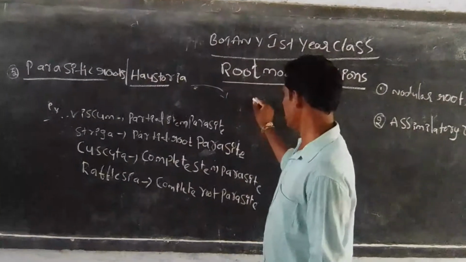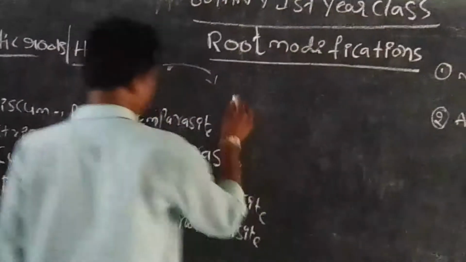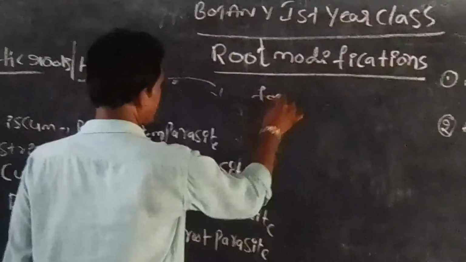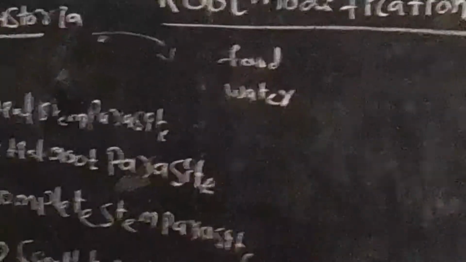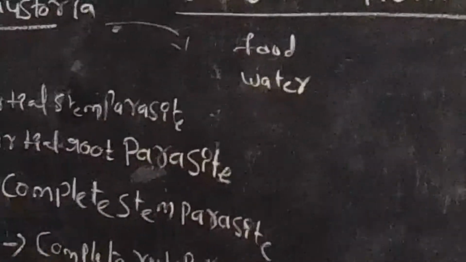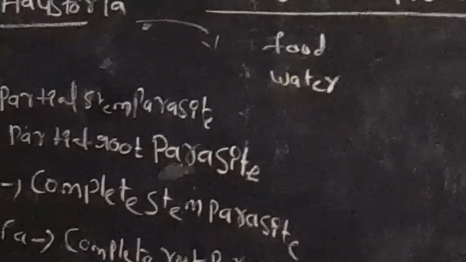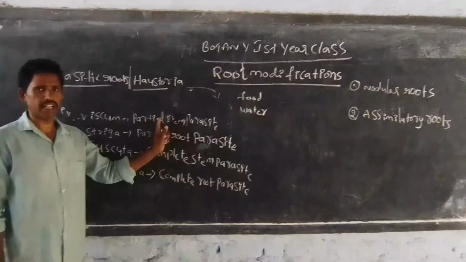Some plants depend on another plant for food and water. Such plants are called parasites.